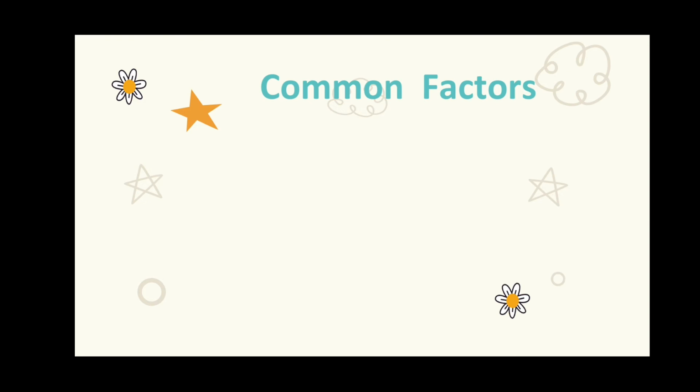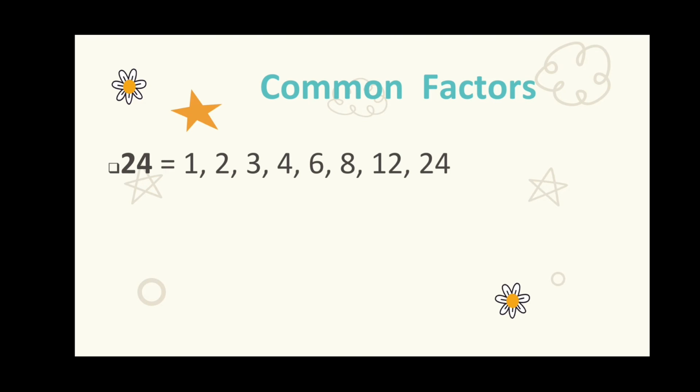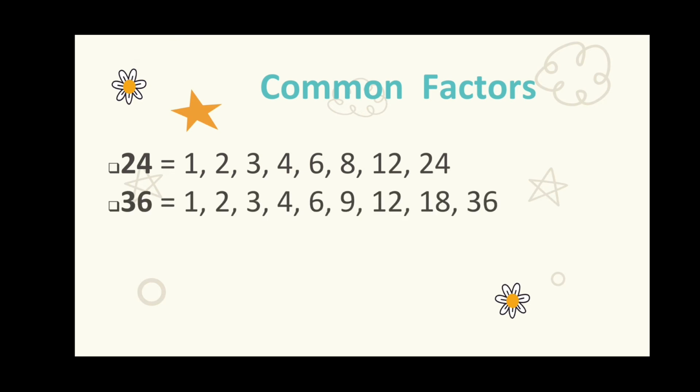For example, may mga given numbers. The first given number is 24 at ang mga factors nito ay 1, 2, 3, 4, 6, 8, 12, and 24. Another number is 36 at ang mga factors naman nito ay 1, 2, 3, 4, 6, 9, 12, 18, and 36.